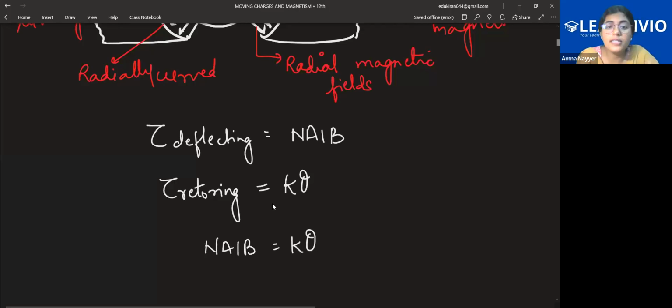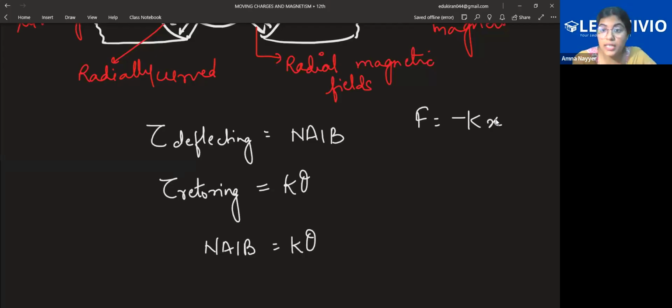Now, why is the restoring torque equal to k theta? This is a concept from your class 11th portion. Firstly, the force which is present in the linear case is equal to minus kx. This says that the force is directly proportional to the displacement from the mean position.